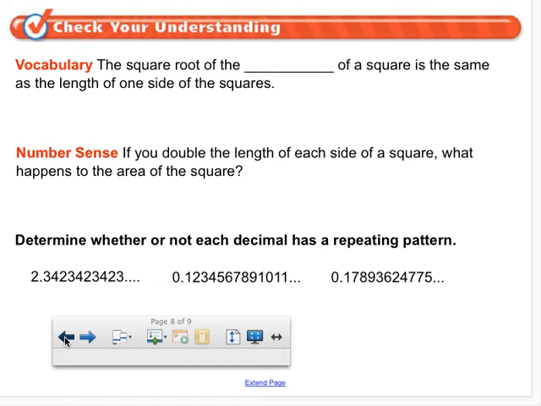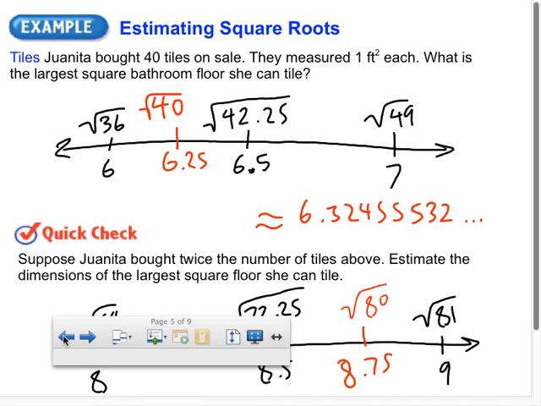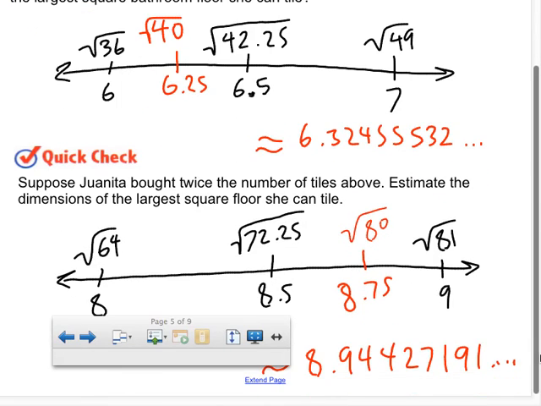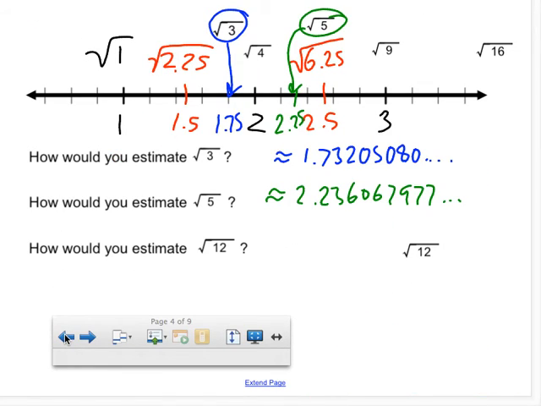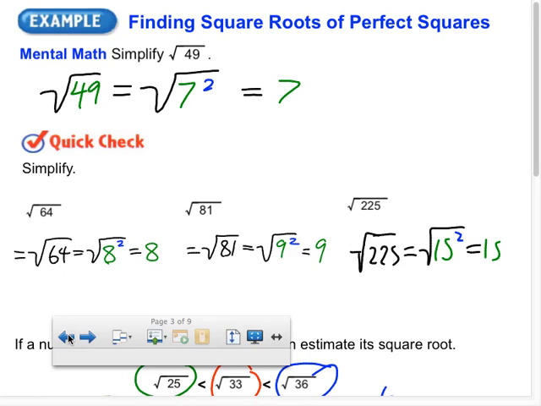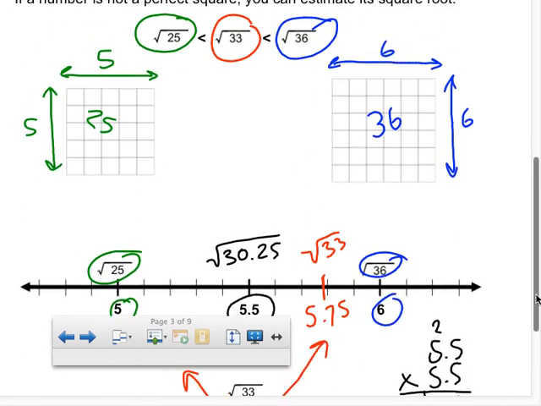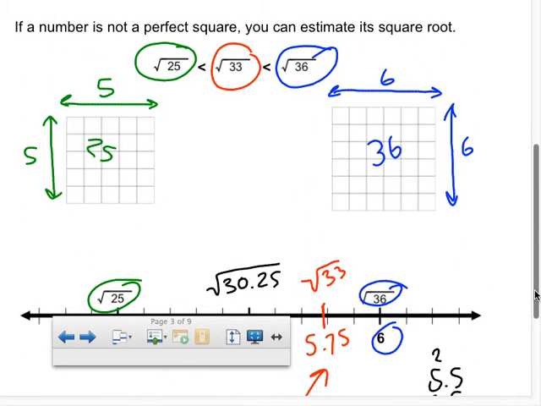What did that represent? What is this? 36. What is 25? How many boxes did I have in this dimension, 6 by 6? If it was 6 feet by 6 feet, that would be 36 square feet.